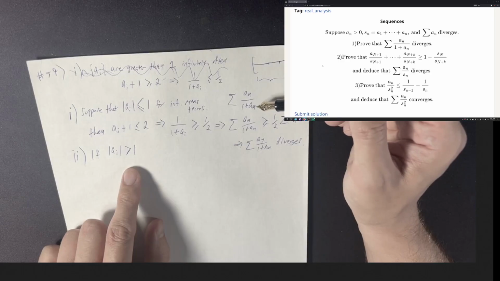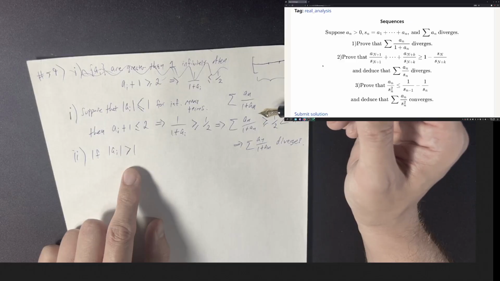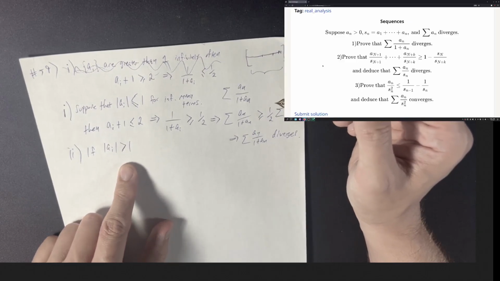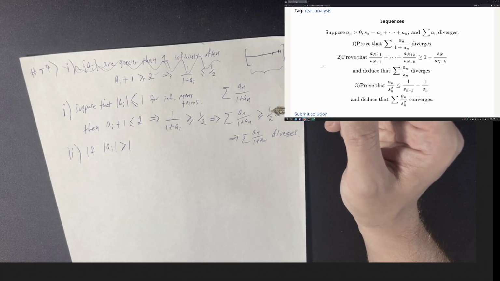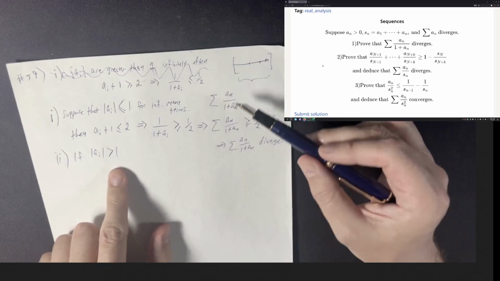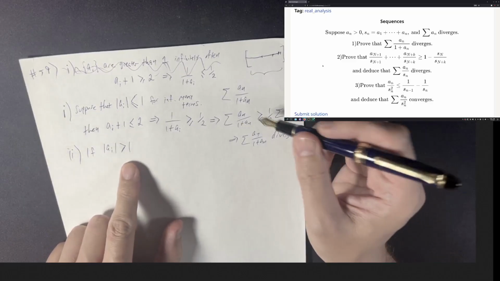I feel like just dividing by this is not going to be enough to make it small, but I can't quite see it right now.